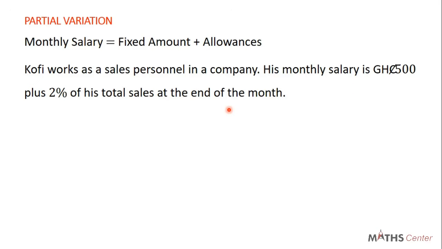So at the end of each month, Kofi is paid 500 Ghana cedis, and in addition to that, he is being given 2% of his total sales at the end of the month as his allowance or bonus. So let's say that in the month of May, Kofi made a total sales of 10,000 Ghana cedis.